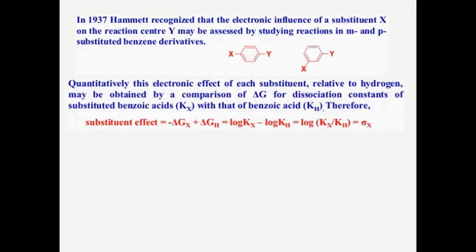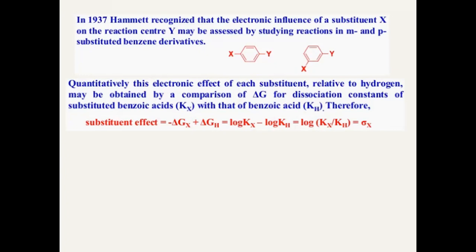But it has shown the relationship with hydrogen. Hydrogen is considered the main or parent compound, and by using hydrogen in the meta and para positions, the reactivity of different groups is also discussed.